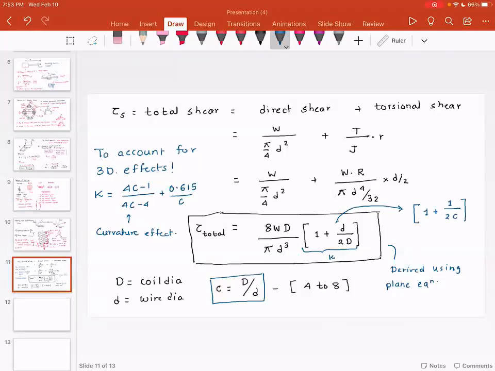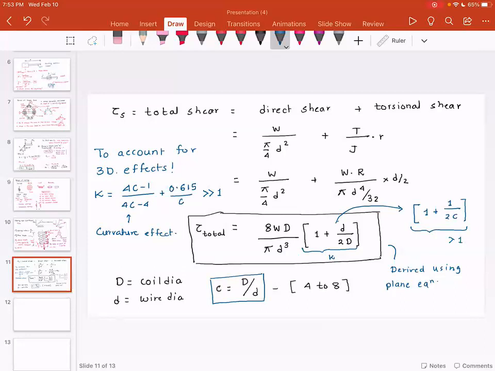So what this is going to do is basically this factor is greater than 1, and it's going to amplify the effect of stresses. What Wahl's factor does, it makes this factor K much greater than 1. And that is how we take into account the effect of curvature and 3D loading conditions.